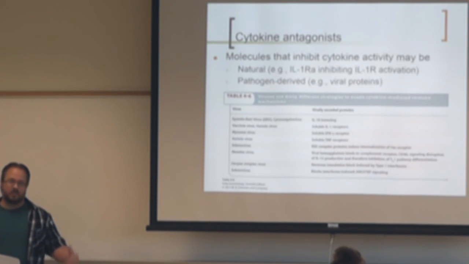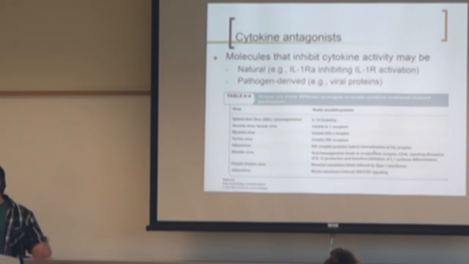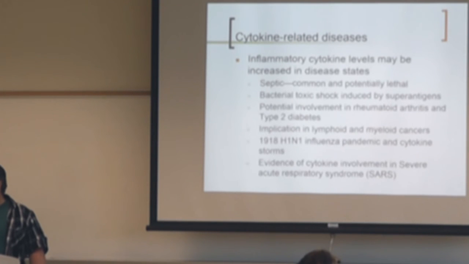So that shows you how important the cytokines are in the removal of virus, because those viruses that tend to really hang on are going to have suppressors or antagonists for these cytokines.